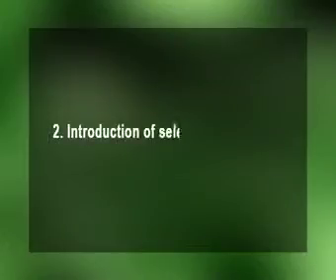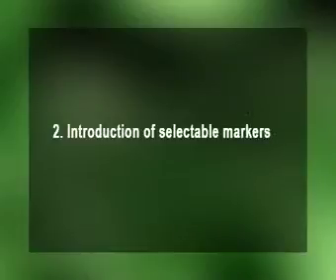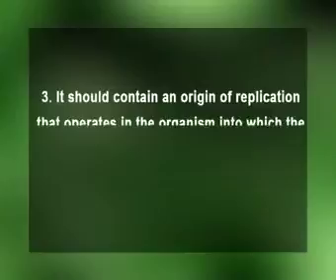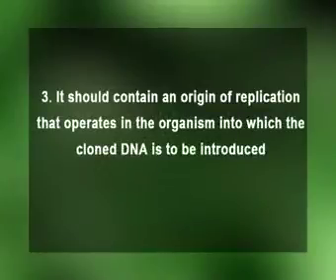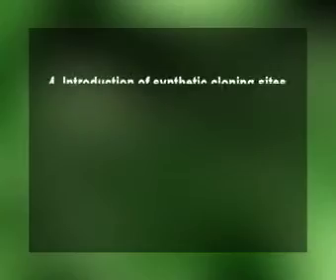In this way, foreign DNA fragments of 10 to 12 kb can be accommodated. Number 2. Introduction of selectable markers. Number 3. It should contain an origin of replication that operates in the organism into which the cloned DNA is to be introduced.